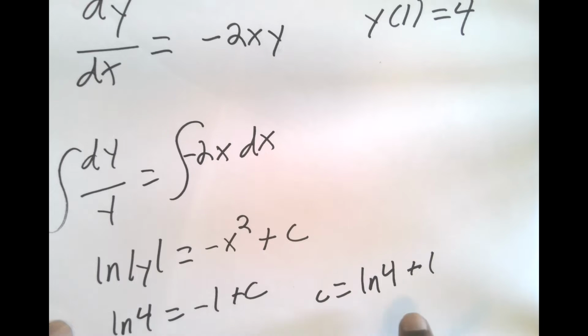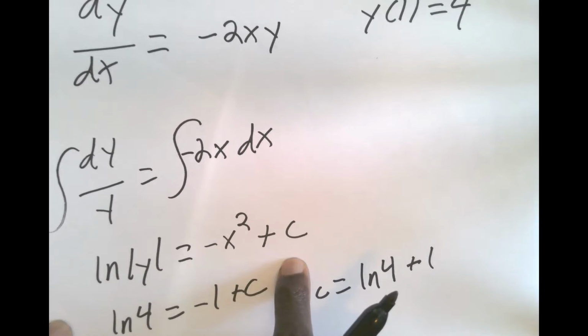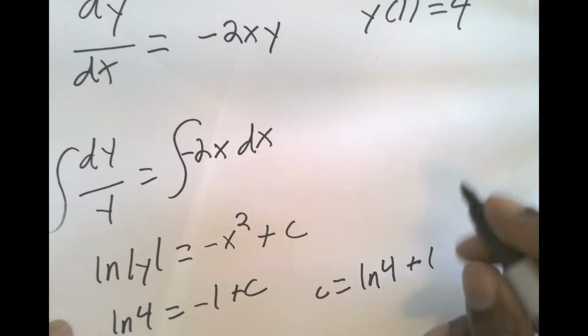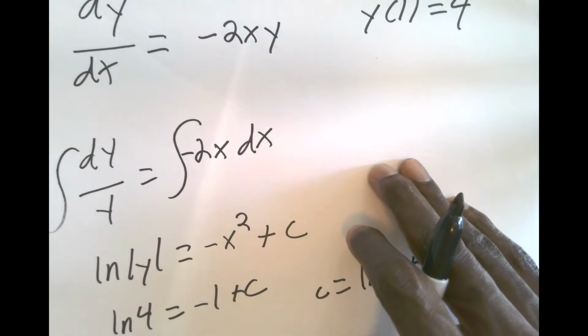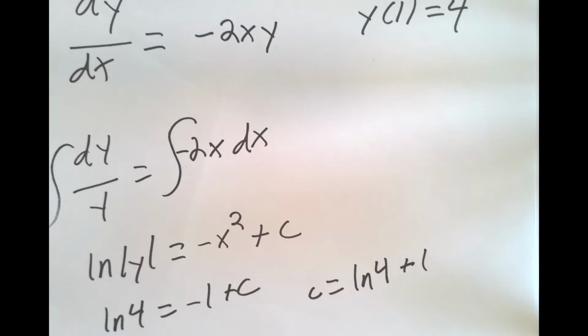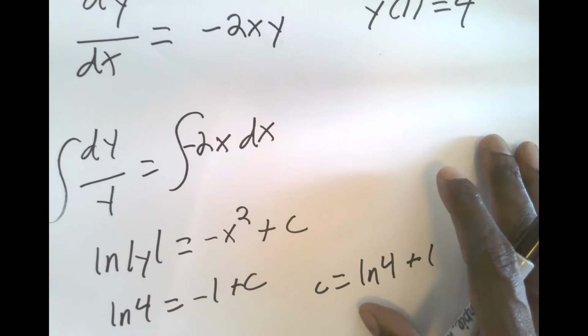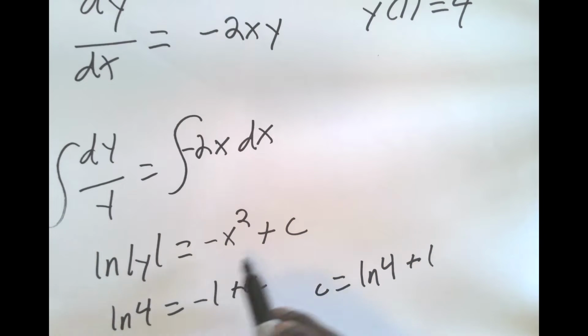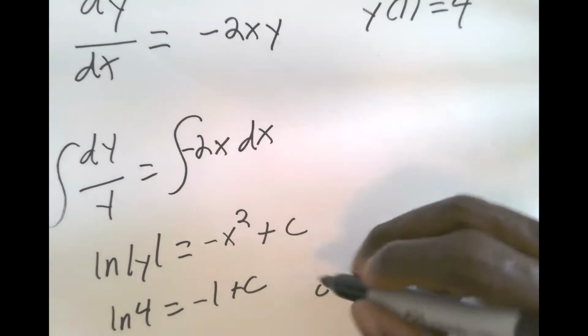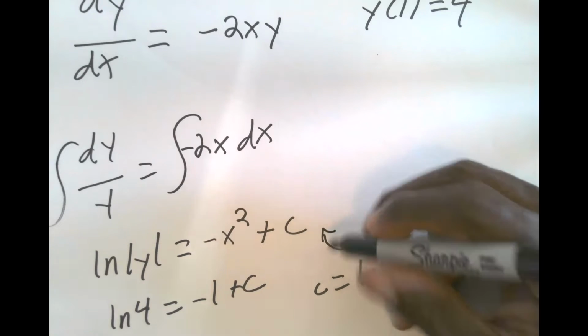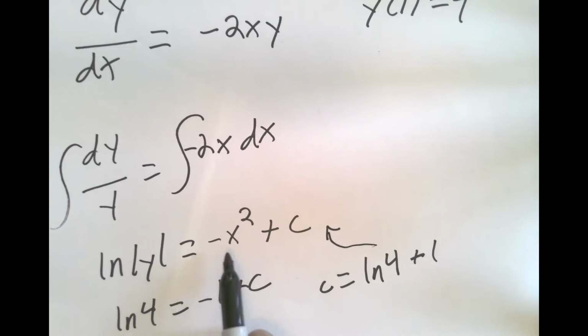I'm going to plug this value of c in here, and then I'm going to solve for y. I think it would probably be advantageous to finish this out on a new sheet. Before I write it, I'll explain what I'm going to write: this expression, but with this value of c plugged in. So ln y equals -x squared plus ln 4 plus 1, and then go from there.